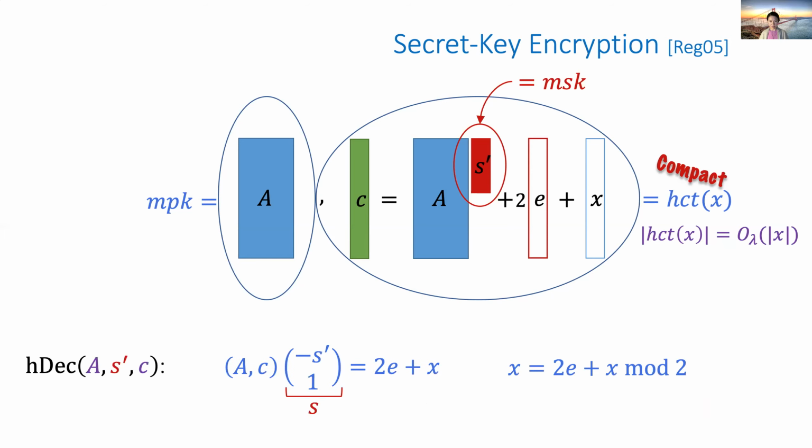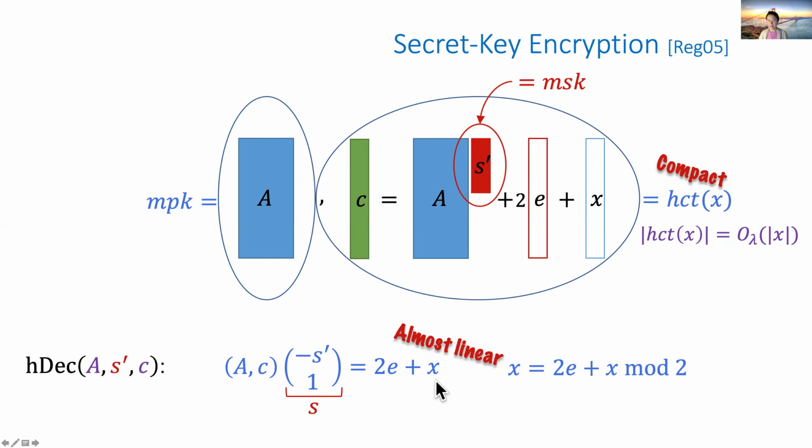And finally, what about decryption? How can we decrypt? Well, that is also easy. We can simply multiply (A, C) with (minus s prime, 1), and we're going to call this augmented vector the secret key s. This produces 2e plus x, from which we can recover x by simply doing mod 2.